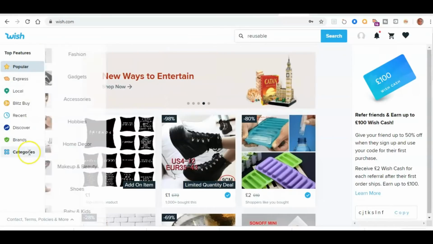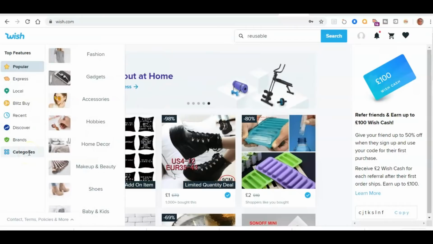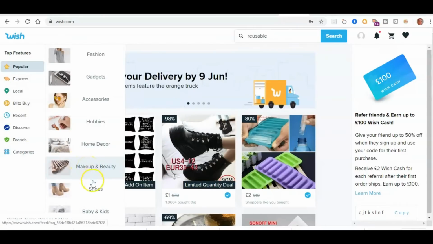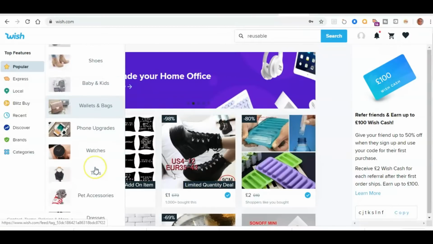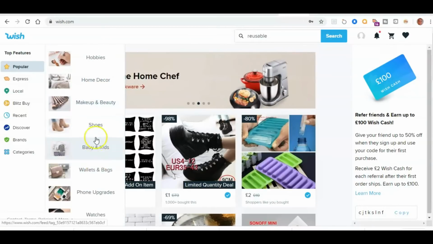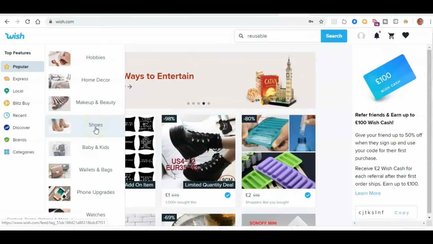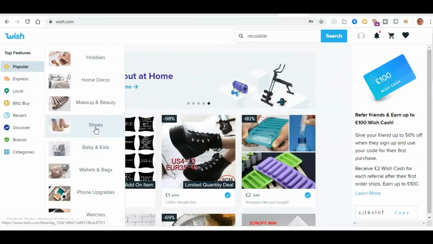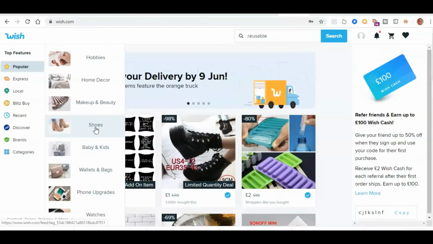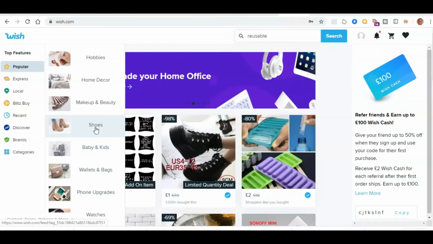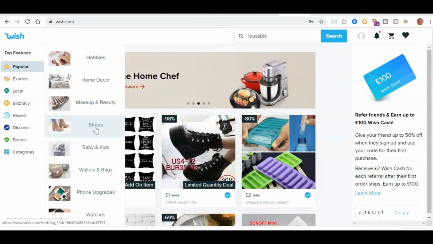Now, I've thought already that I like the kitchen theme. It may well be that you like the makeup and beauty theme. All the different categories here you can go through, but generally I try to stay away from shoes because those are items that can be easily returned if people aren't able to get the right sizing, especially as we're going to be bringing our shoes over from China.